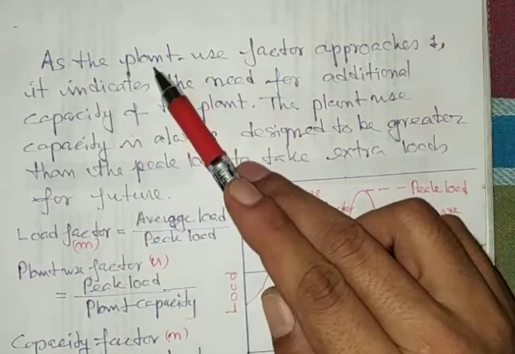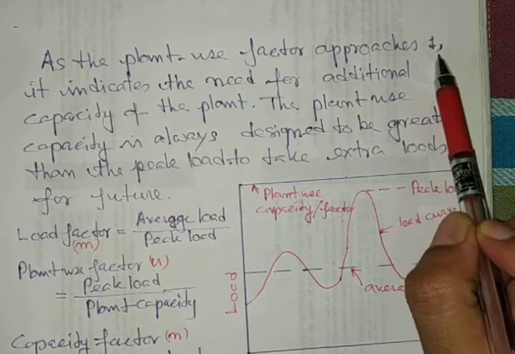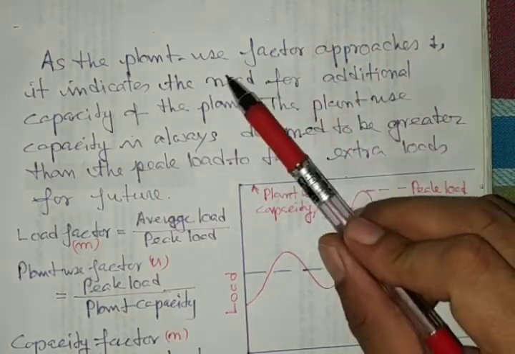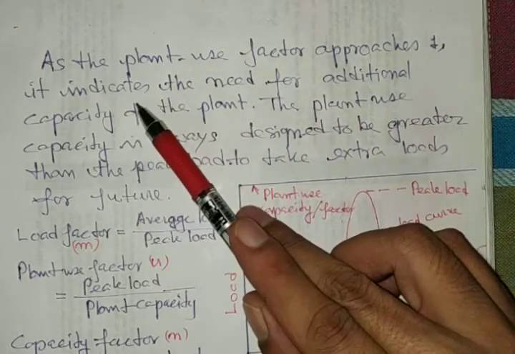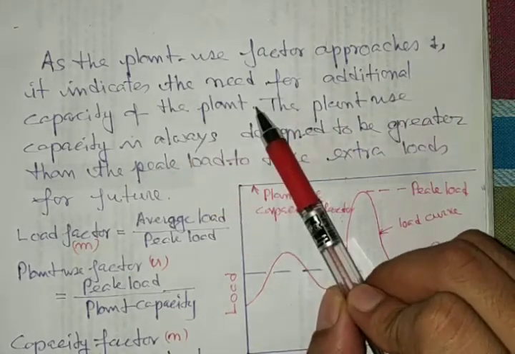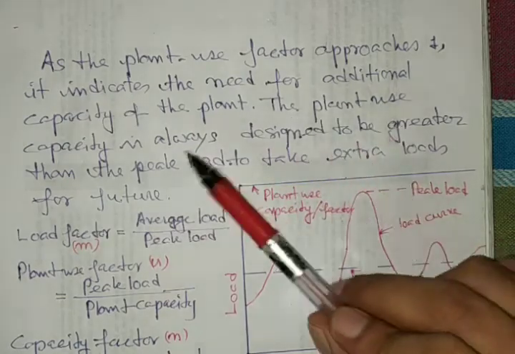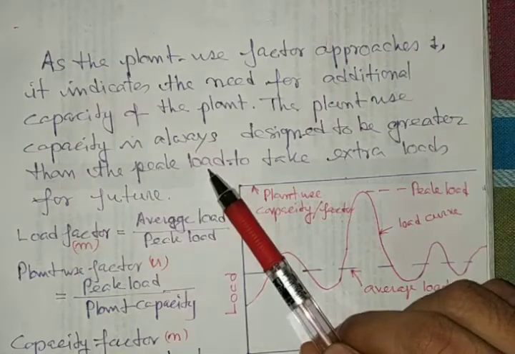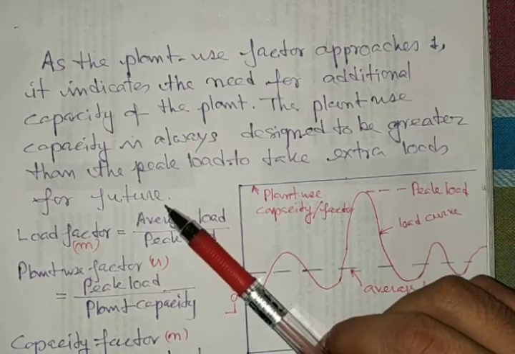As the plant use factor approaches unity, 1, it indicates the need for additional capacity of the plant. The plant capacity is always designed to be greater than the peak load to take extra load for the future.